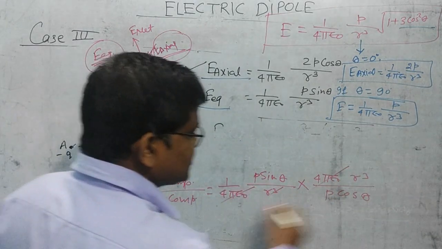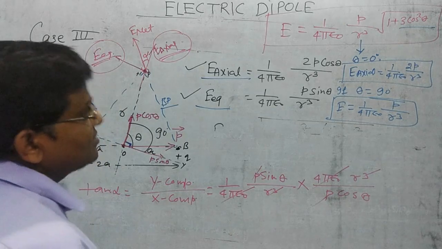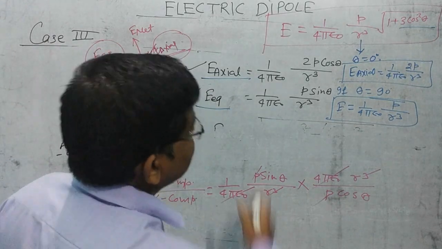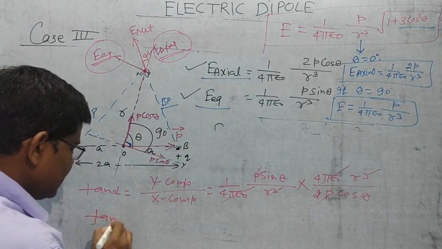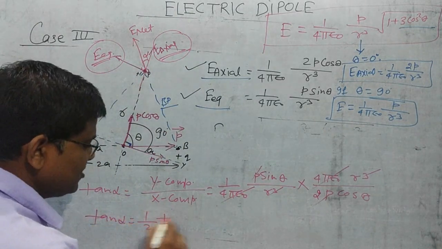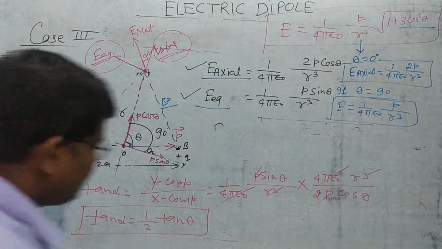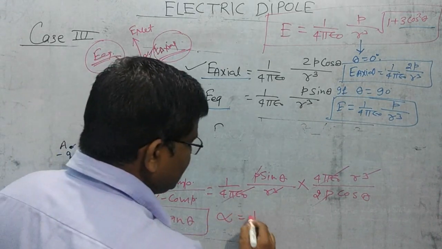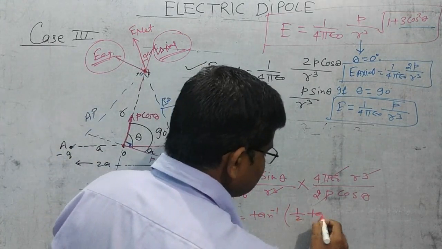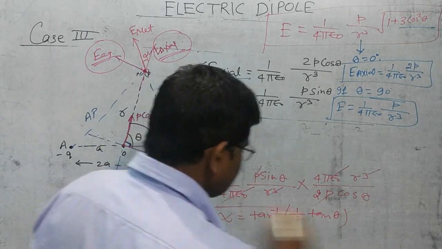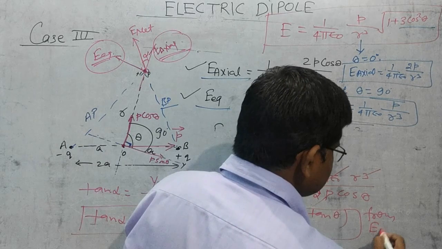This one cancels, this one cancels. Then tan alpha is equal to 1 by 2 tan theta. This means alpha is equal to tan inverse of 1 by 2 tan theta. This is the angle from the x axis, from the E axis.